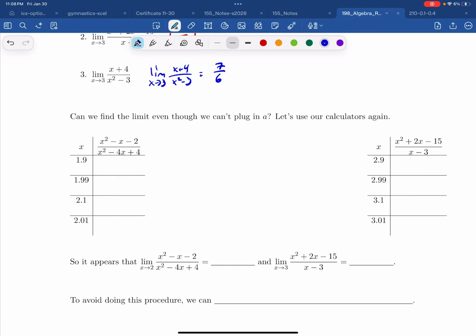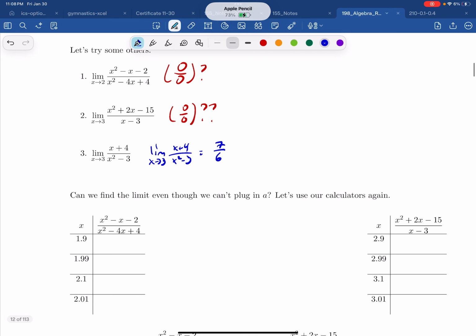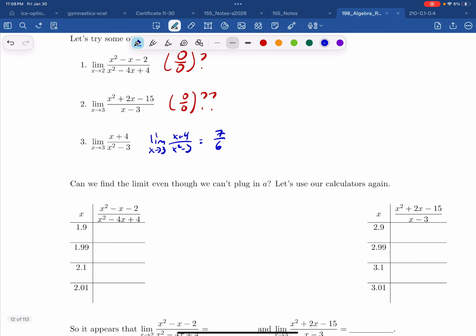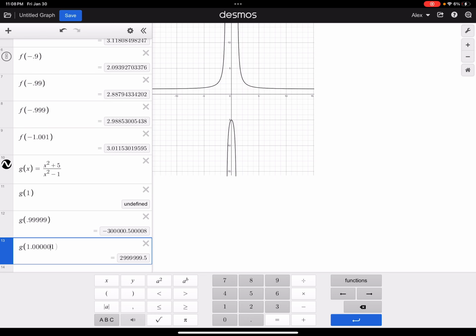So let's investigate further. If we take a look with our calculators, or in this case, Desmos. You can use a calculator, but I think Desmos is way superior. What happens? We have x squared minus x minus 2 over that. Okay, so I'm going to open up Desmos once again. And there we go.